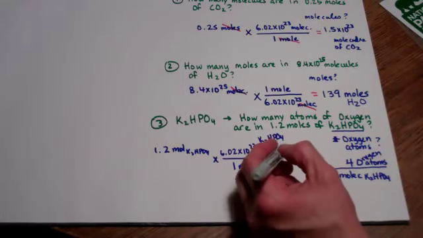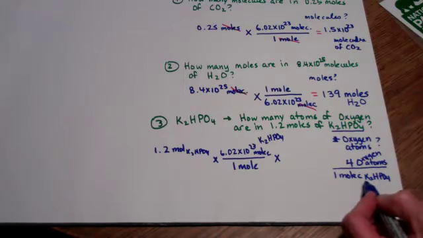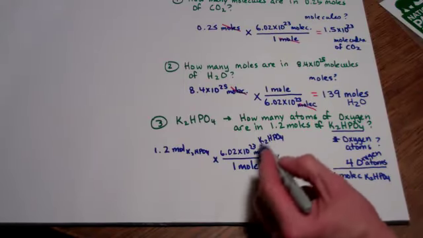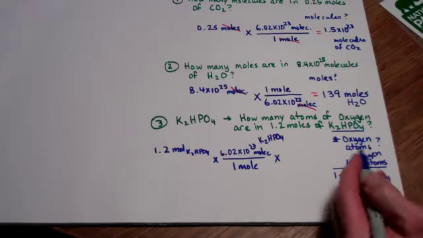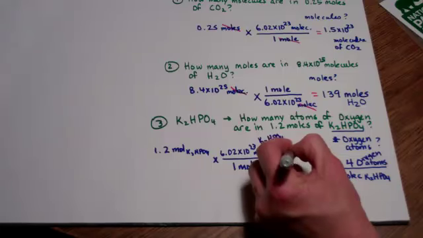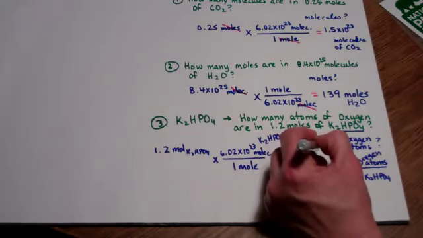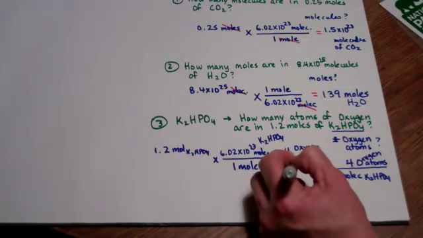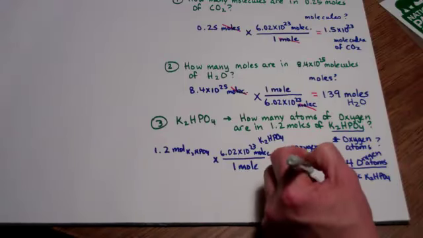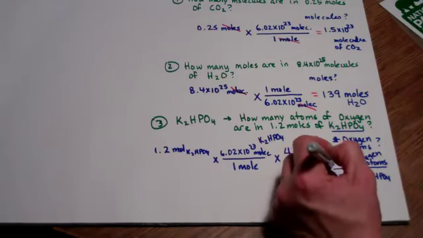Okay, so we're going to use that conversion factor here too, and we want molecules of potassium phosphate on the bottom so that they cancel out, and we'll be left with our answer as oxygen atoms. So this is going to be times 4 oxygen atoms over 1 molecule of K2HPO4.